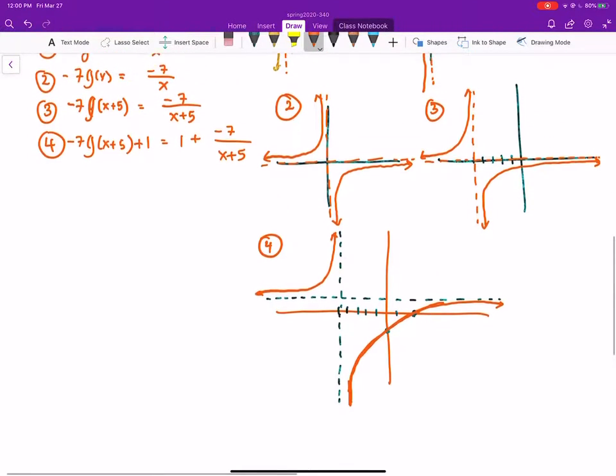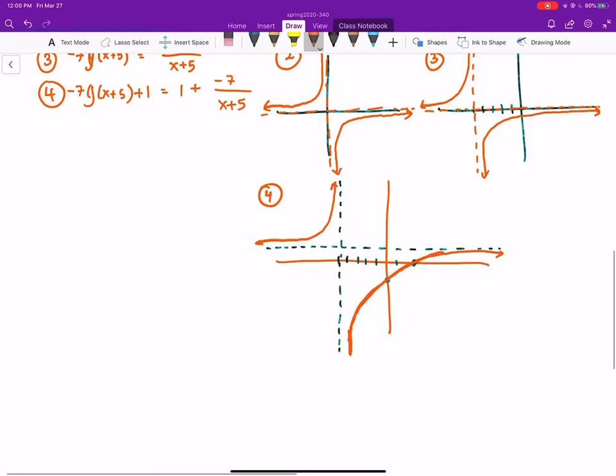Okay. We can now also analyze the domain and the range. From the graph, we can see that the range is y belongs to negative infinity to 1, union 1 to infinity.